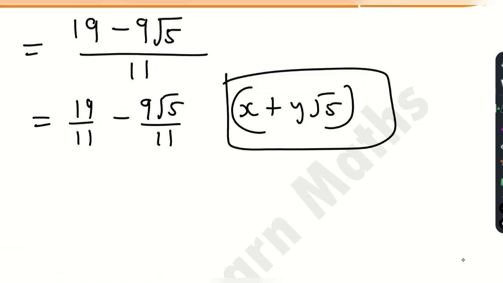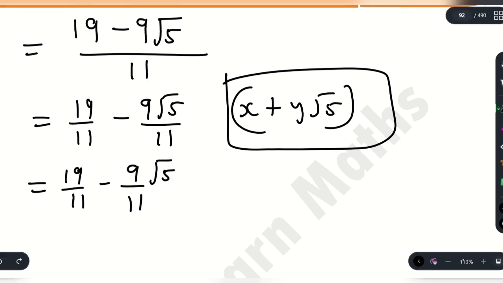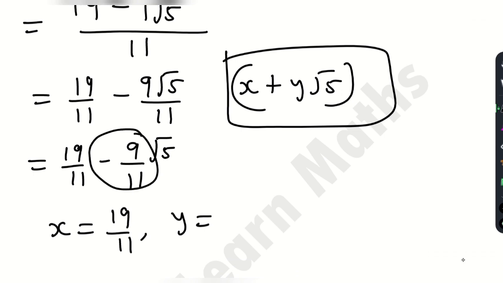I can rewrite it in this form to look like 19 over 11 minus 9 over 11 surd 5. This and this are the same. So it will just appear in this form where you have y surd 5. Now we can boldly say that x is equal to 19 over 11 and y is equal to negative 9 over 11.